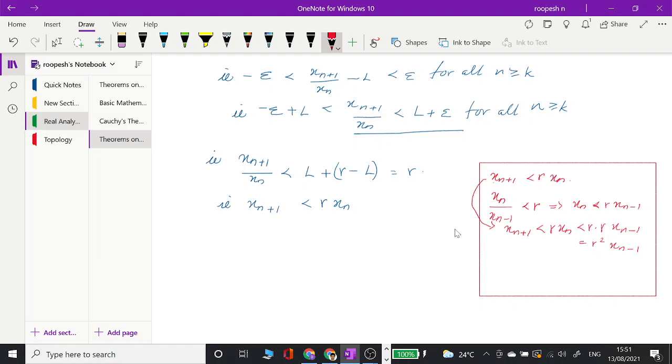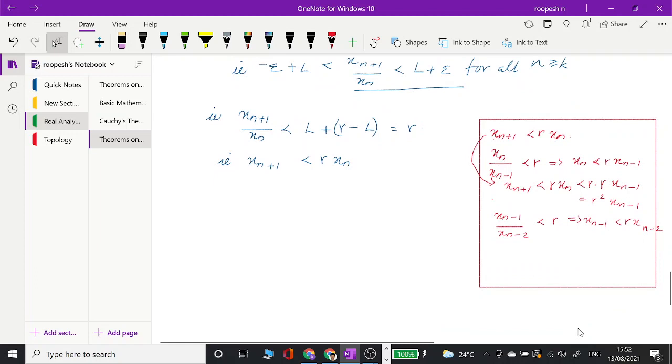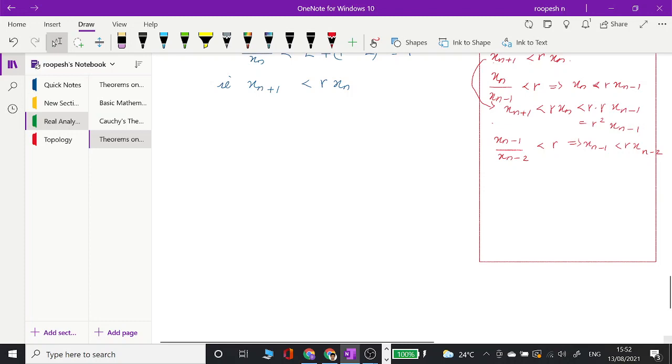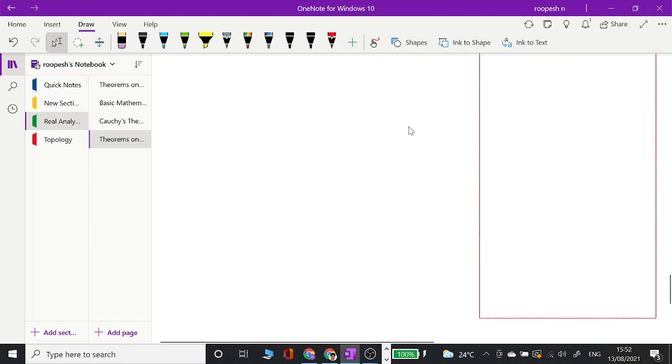Similarly, xn minus 1 by xn minus 2 is less than R, so xn minus 1 is less than R into xn minus 2.